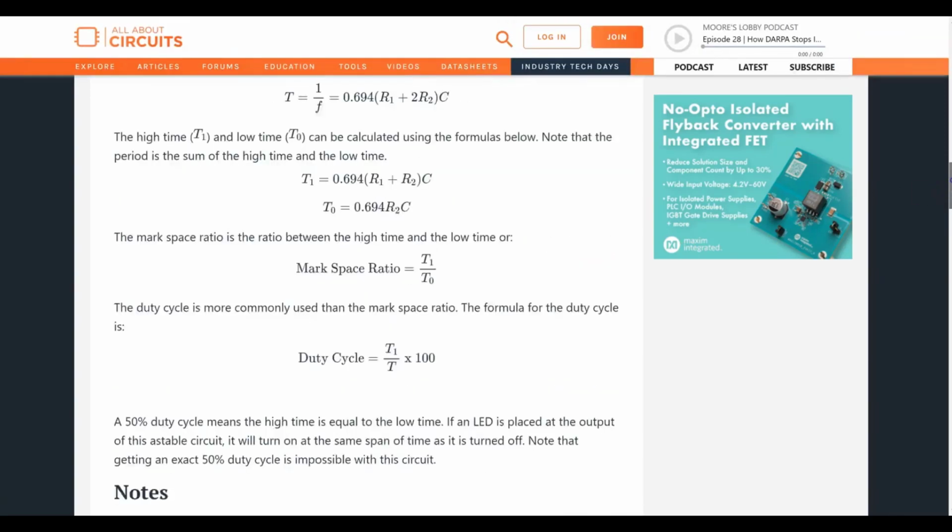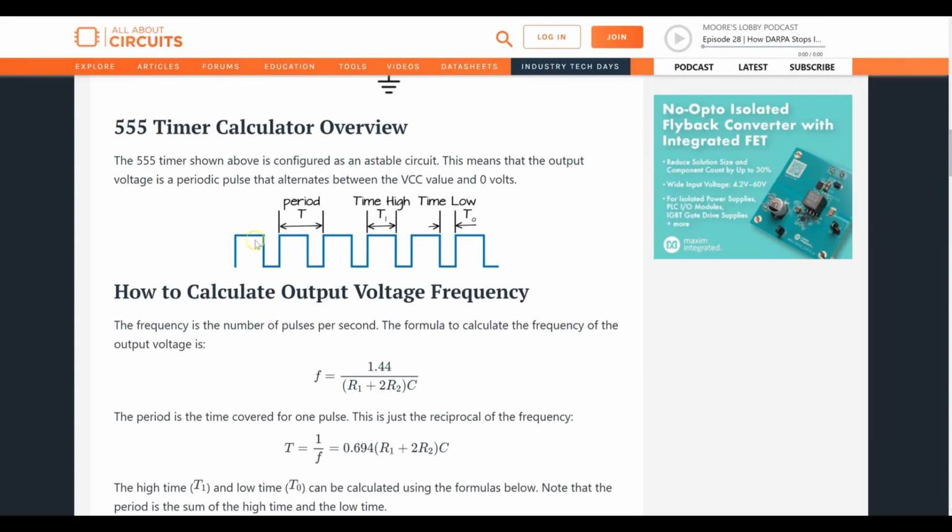Okay, so if the width of the positive and the negative half wave is the same, that means you have a 50% duty cycle. 50% of the time the signal is going to be high, 50% of the time it is going to be low. This looks like 75% of the time it is high and 25% of the time it is low, correct?